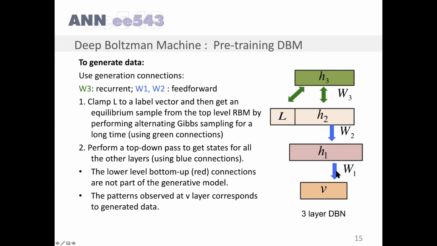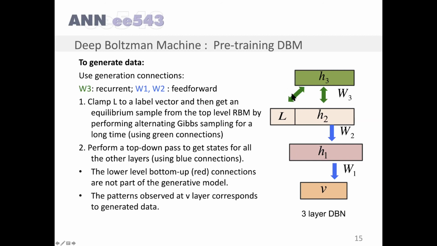A deep Boltzmann machine may also be used for generating data. Use generation connections, that is, recurrent connections here, and also downward connections. W3 here is recurrent, W1 and W2 are feed forward, going only in one direction. Clamp L, the output of these neurons, to a label vector, and then get an equilibrium sample from the top level RBM by performing alternating Gibbs sampling for a long time.